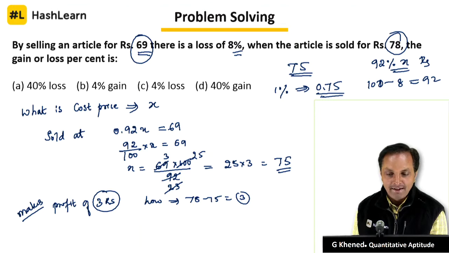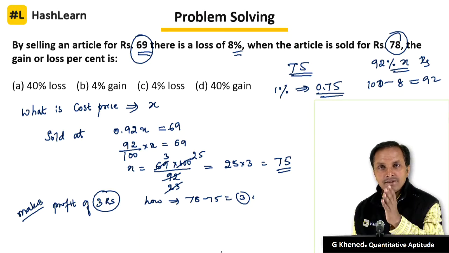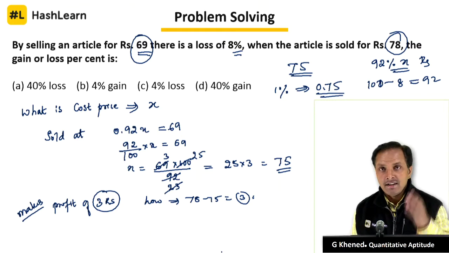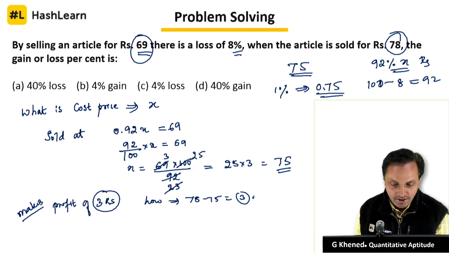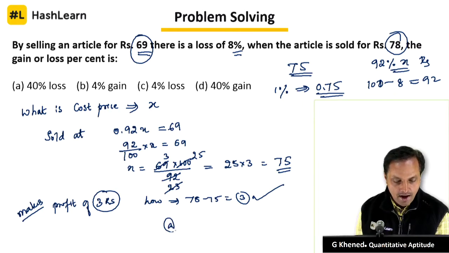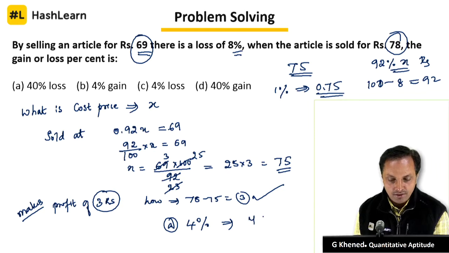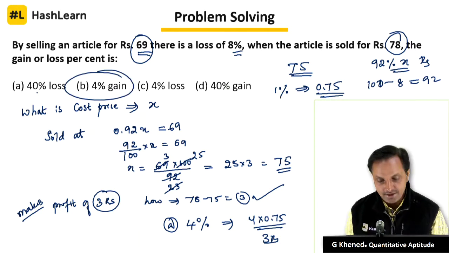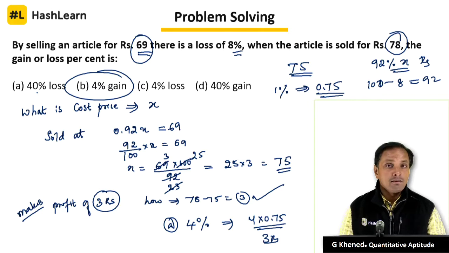What will be 3 rupees? Very simple, 0.75 again will give you 2%, 1 rupee 50 paisa. Similarly, for 3 rupees, you will get 4%, that is 4 into 0.75 will give you 3 rupees. So he is making a gain of 4%. You can calculate this in the mind.